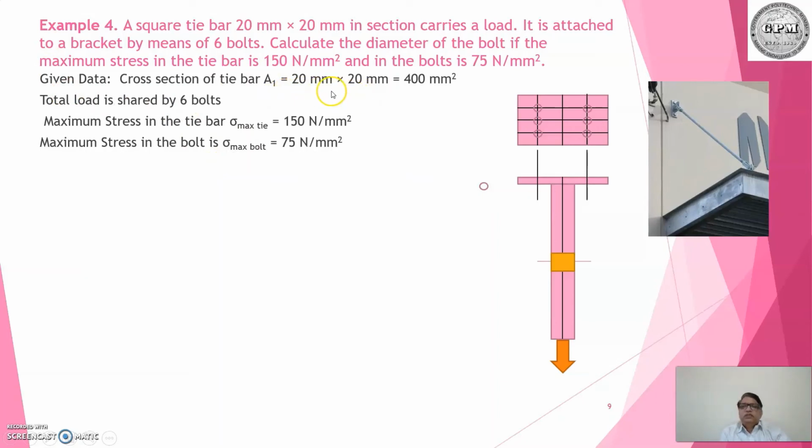A1 is equal to 20 mm by 20 mm, that is 400 mm square. The total load is shared by how many bolts? 6 bolts. The maximum stress in the tie bar, sigma maximum tie bar, is equal to 150 Newton per mm square, and the maximum stress in the bolt, sigma maximum bolt, is equal to 75 Newton per mm square.